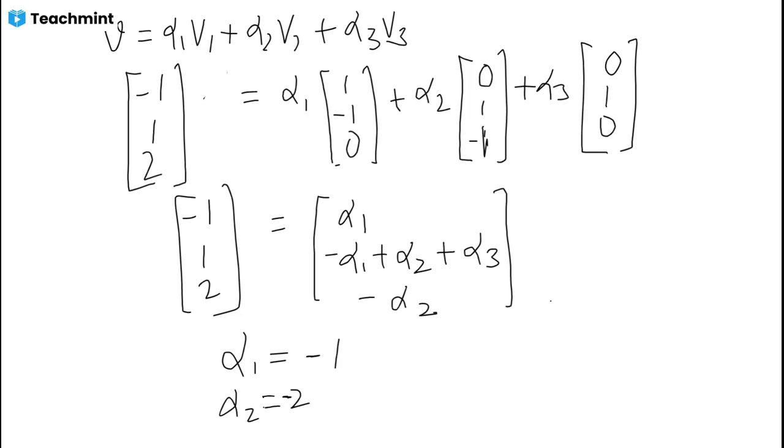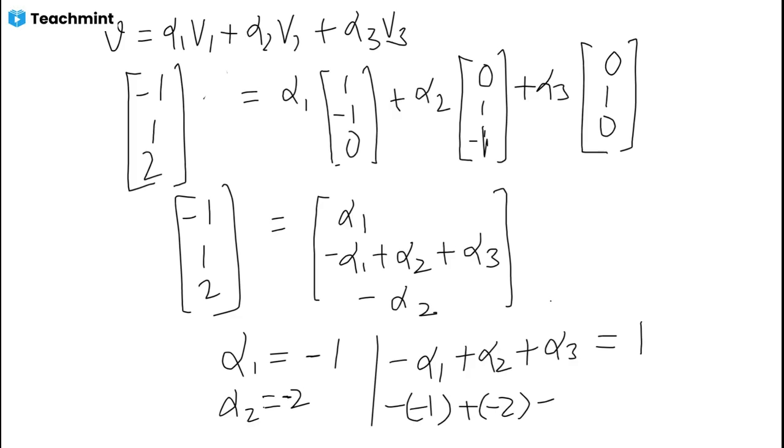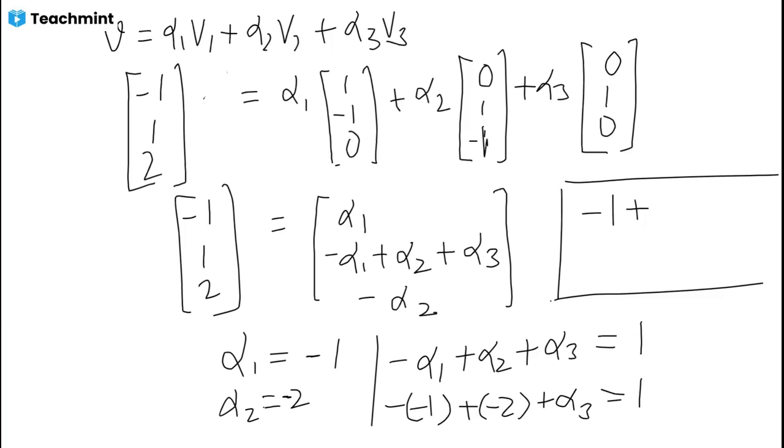Now we put minus alpha 1 plus alpha 2 plus alpha 3 equal to 1. Putting the values, minus 1 plus alpha 3 is equal to 1, so alpha 3 is equal to 2.